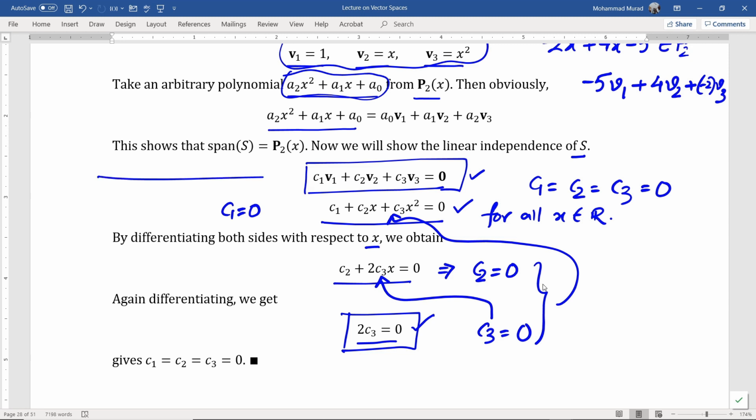Hence, this equation has only the trivial solution, C sub 1 equals C sub 2 equals C sub 3 equals 0.